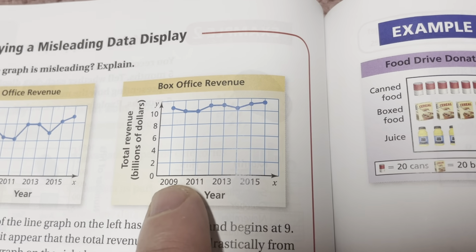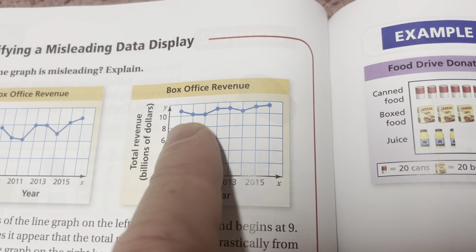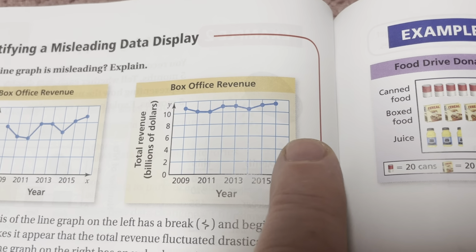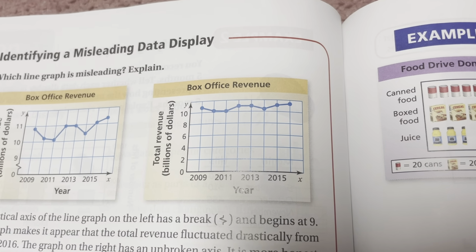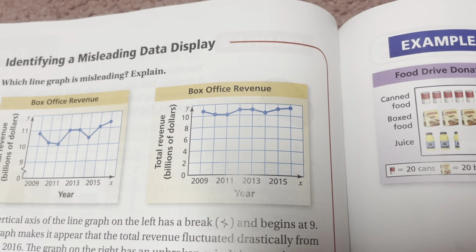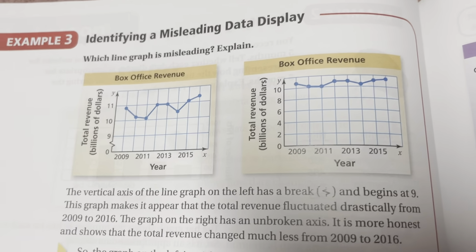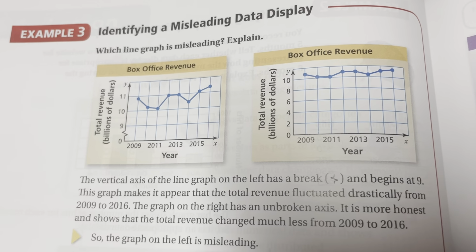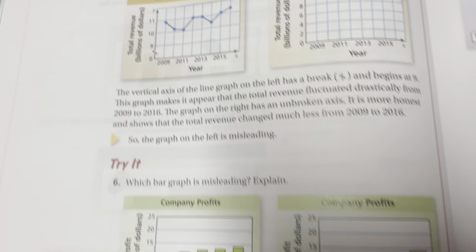And this one here kind of shows, well, we're way up high on the graph. We get a true number. And it also goes up by 2s, even intervals. So this first one would be misleading because of the broken graph.